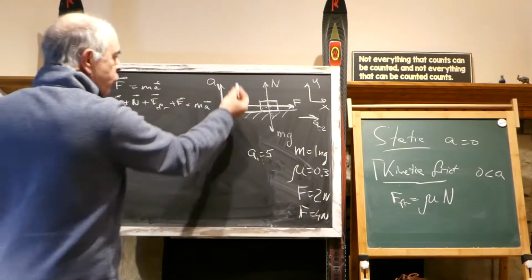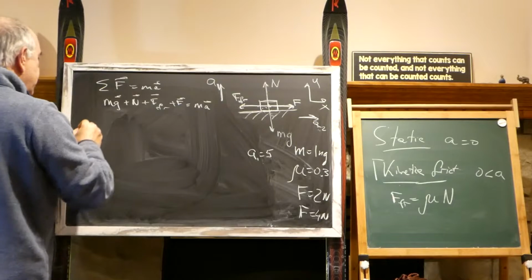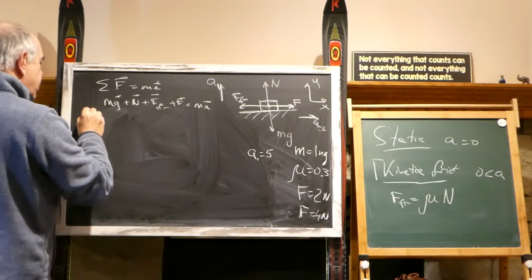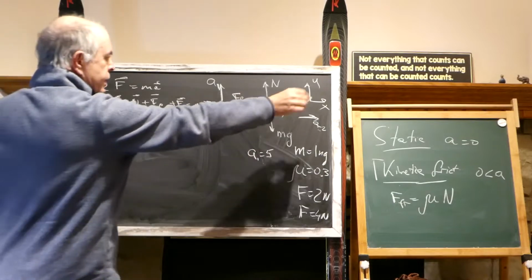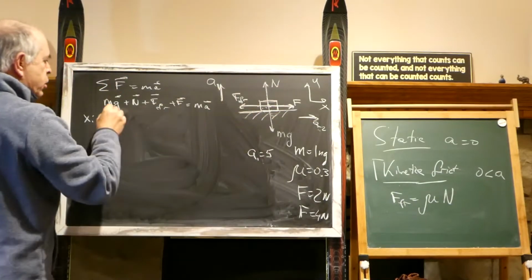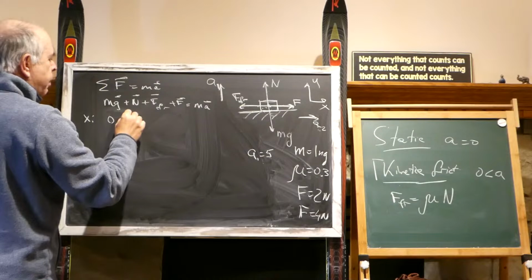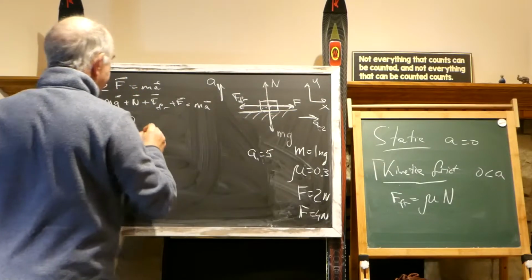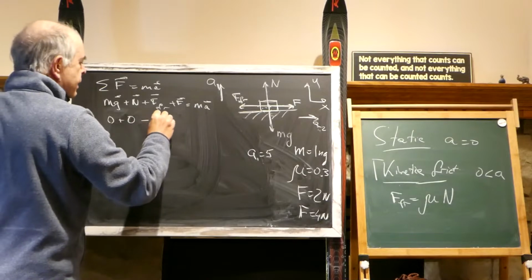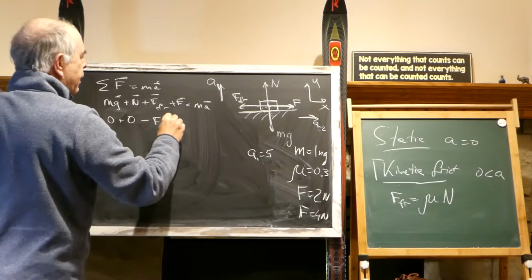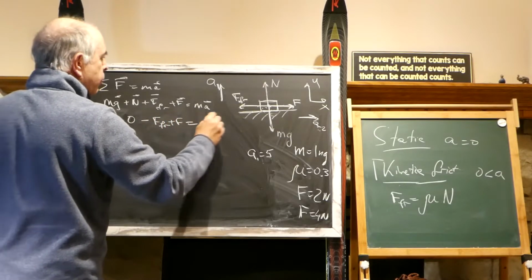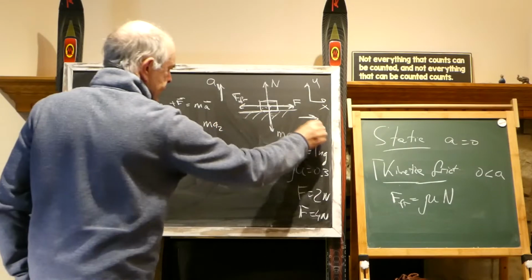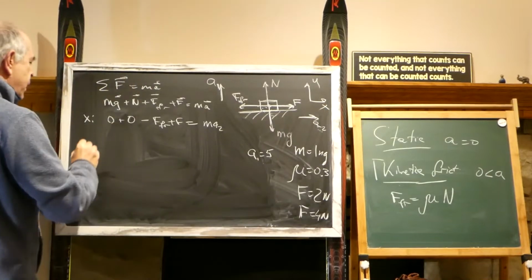So A1 is vertical, A2 is horizontal. So on the x axis, because we don't deal with vectors very well, we're very good with one-dimensional projection. Projection of mg is 0, projection of N is 0 on x because it's perpendicular. F friction, minus F friction, right? Plus F equals ma2, because this is acceleration in this direction.